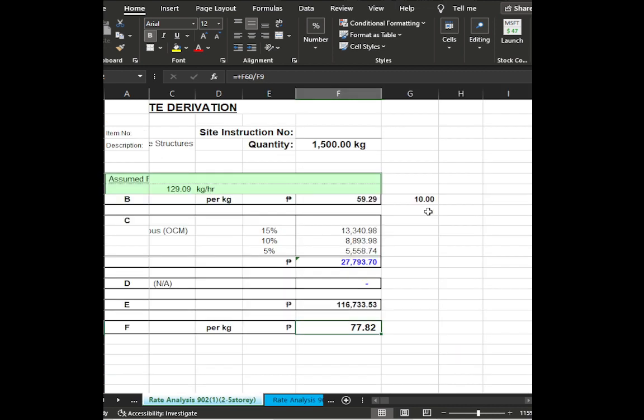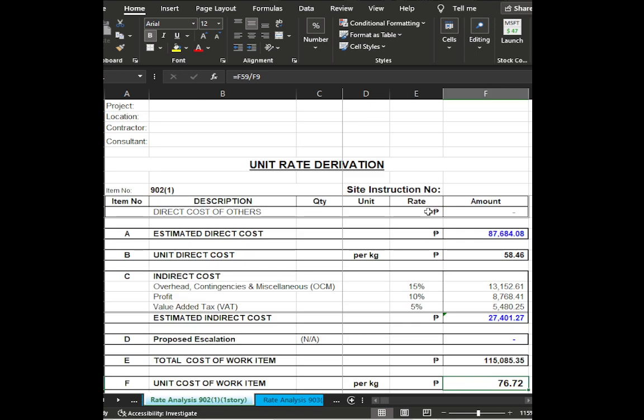So of course this is a little bit small because this is only for one story building, applicable for one story building.